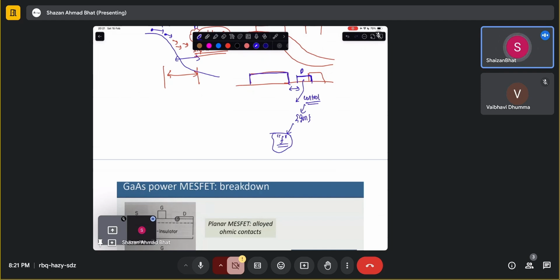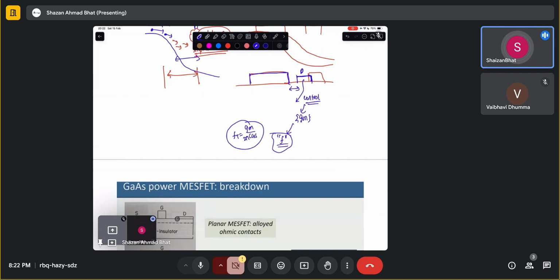I don't exactly know how it's derived, but where was it? Yeah, this one. So yes, the frequency is Gm divided by 2 pi CGS.